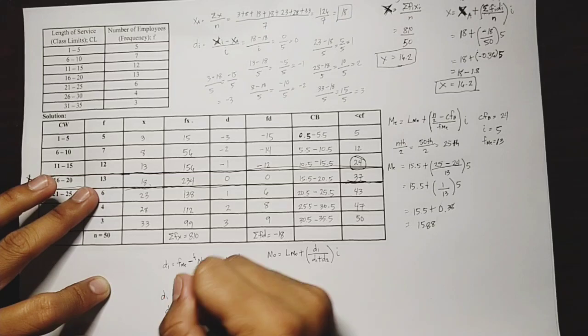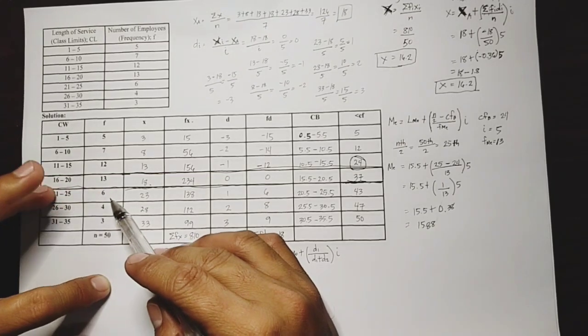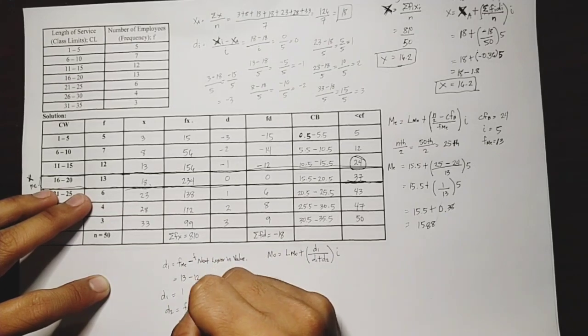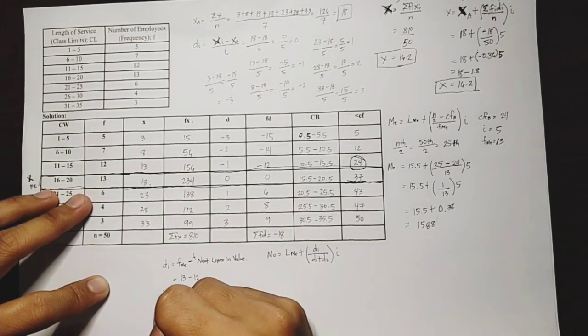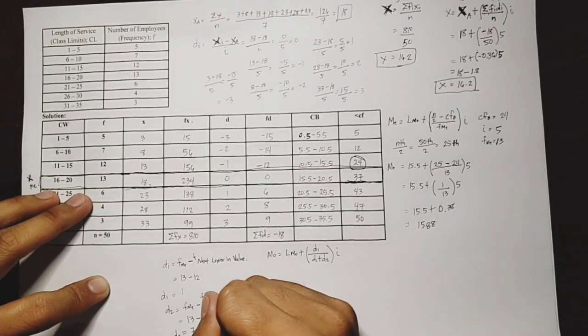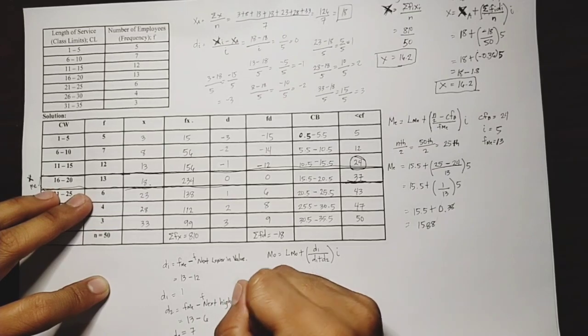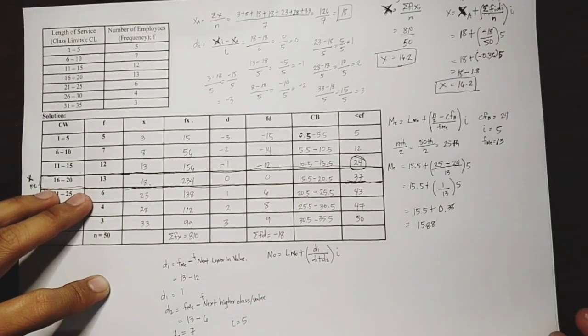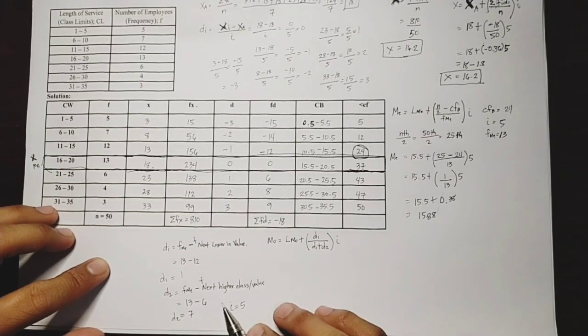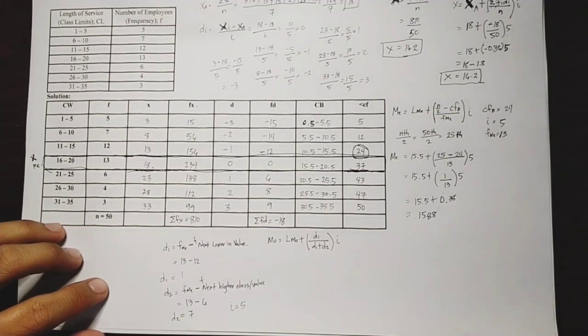So, you have 13. What is the frequency of the next class after it? That is 21 to 25, which is 6. So, 13 minus 6, your D2 is 7. Now we have D1, D2, and our i, which is still 5.